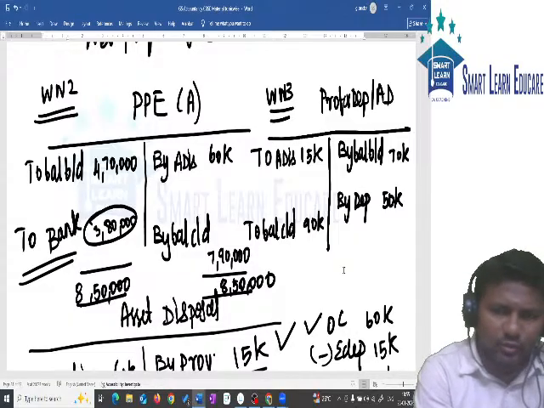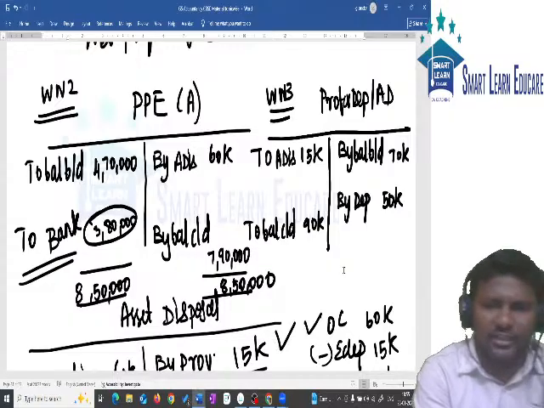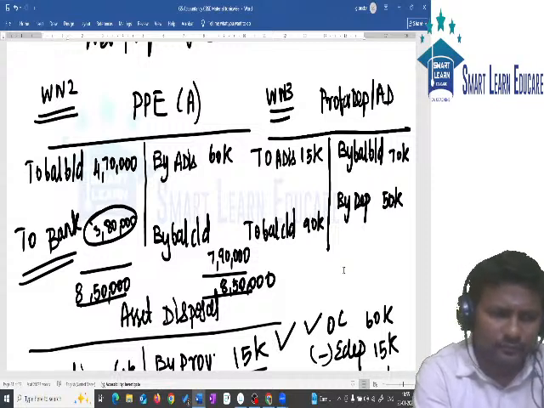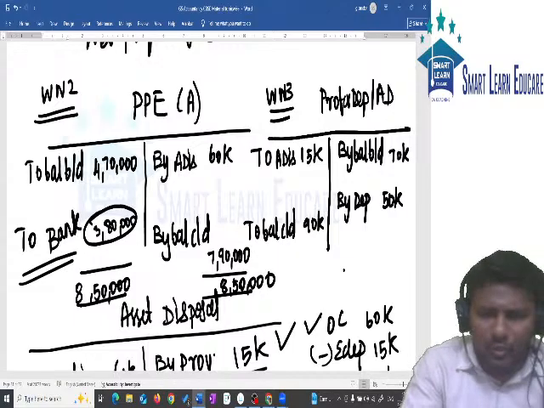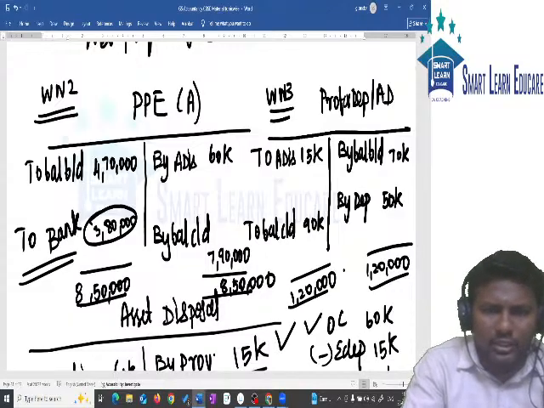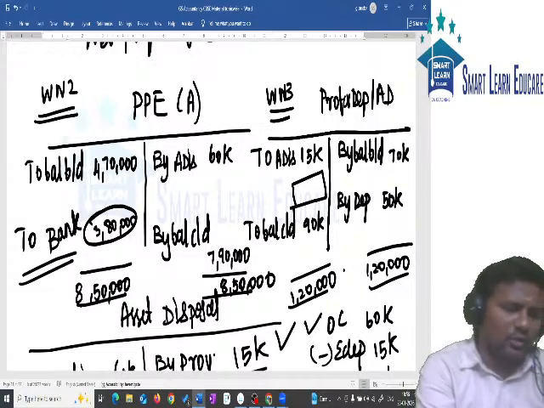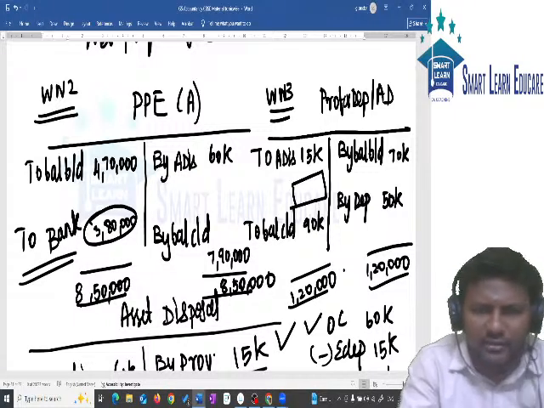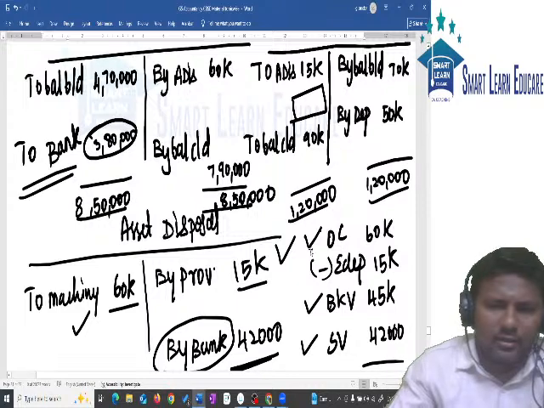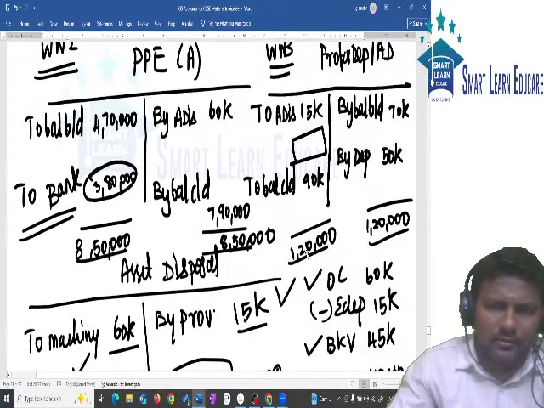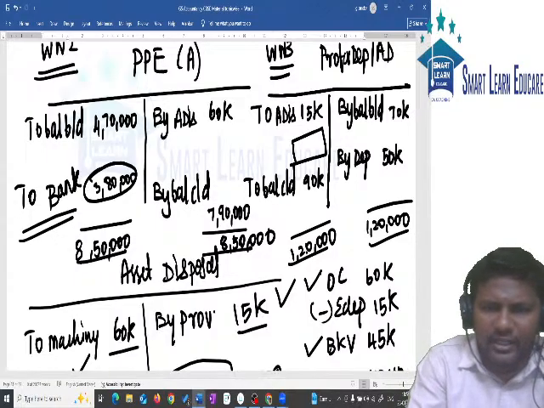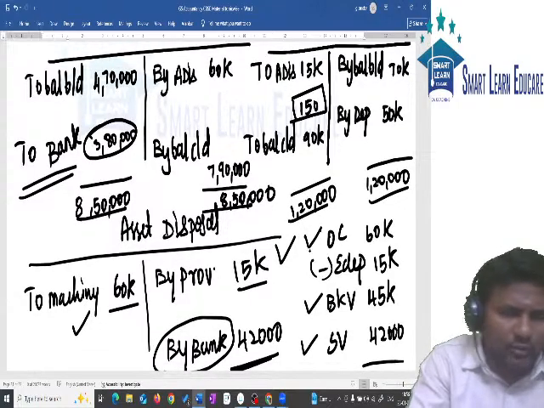Debit side total: 15,000 plus 90,000 is 1,05,000. Credit side: 70 plus 50 is 120. The credit side total is more, so 120 minus 90 minus 15 gives the balancing figure. Accumulated depreciation is 15,000.